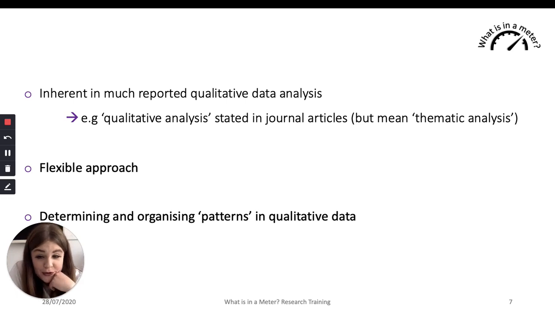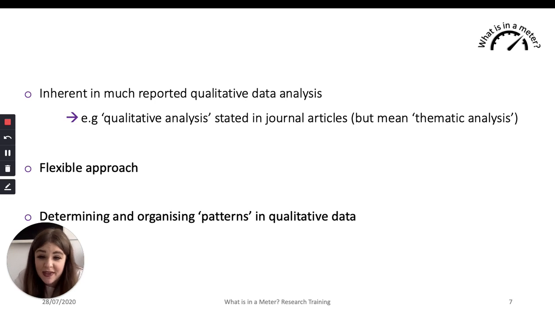Other important points to note about thematic analysis is the fact that it is a very commonly used analysis method in qualitative research, and often in papers when they just refer to data analysis as simply qualitative analysis or even just data analysis, they're most likely referring to a thematic analysis as it's one of the most commonly used analysis methods.